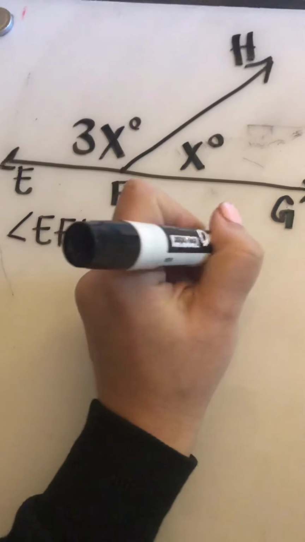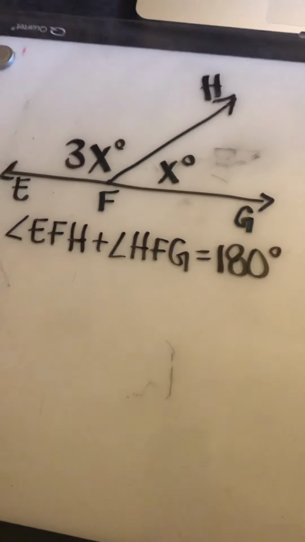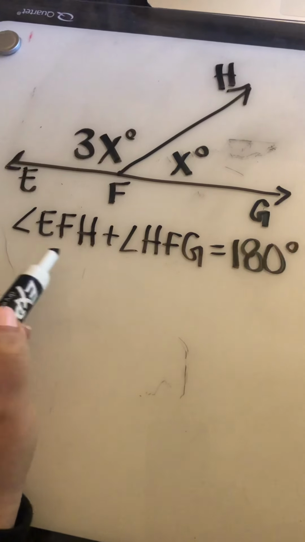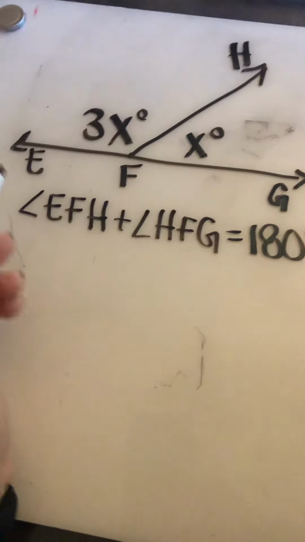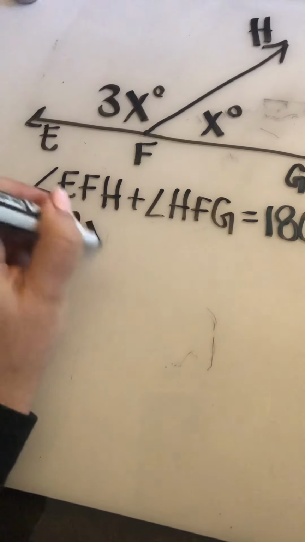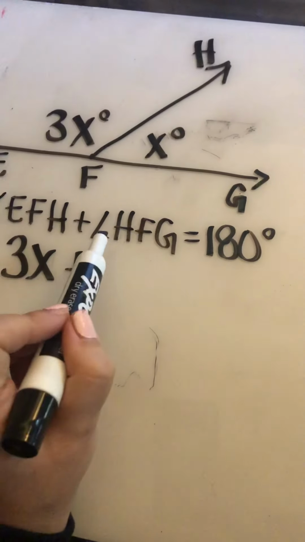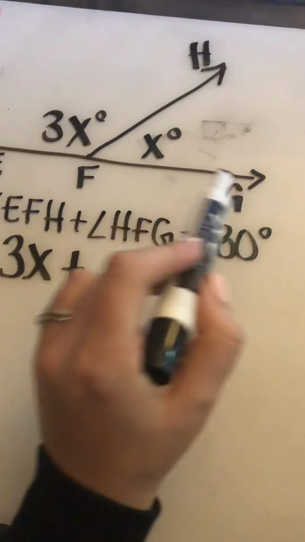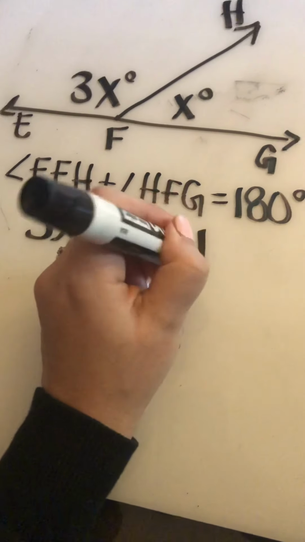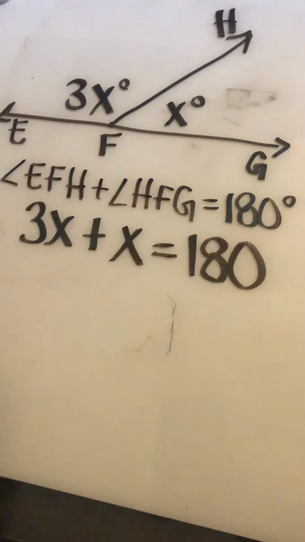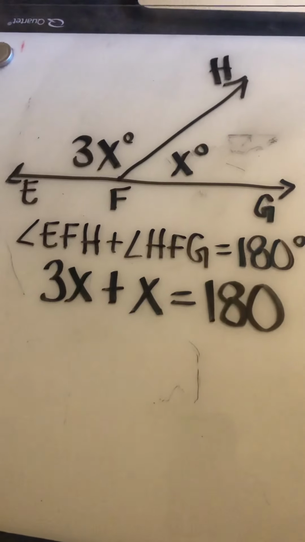So I'm going to put equals 180 degrees. Okay, now I know what angle EFH is, it's represented by 3x. So instead of writing EFH, I'm going to put 3x, okay? And I also have something for HFG. HFG is x. So I'm going to put plus x, and I know when they are added together, we're going to get 180. And now this is an equation that all of you should be comfortable solving.